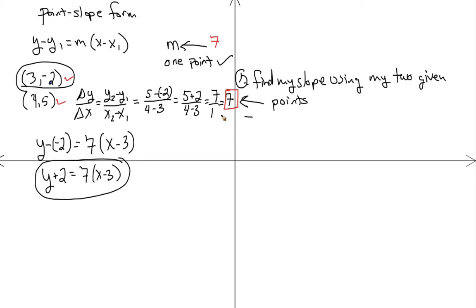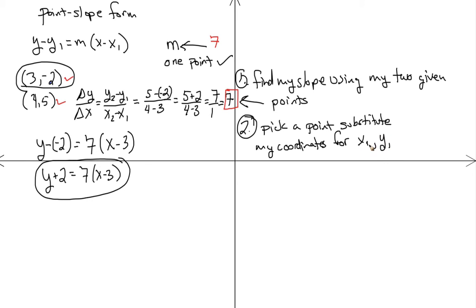And then my second step would be to pick a point and substitute my coordinates for x1 and my y1 in my equation, which is this, my y1 and my x1 right here. So that would be the way that I would describe what I did, and that would cover the entire thing for problem number 2 on page 245.